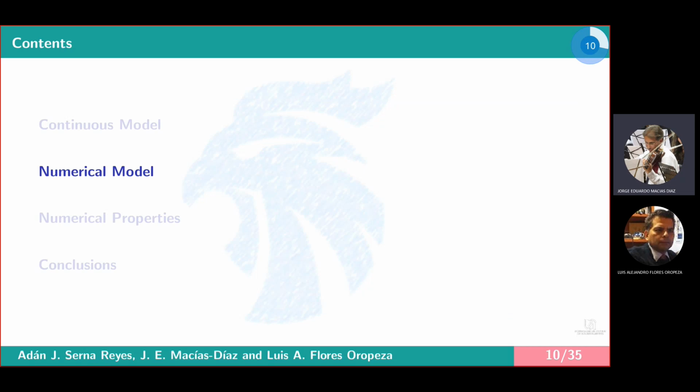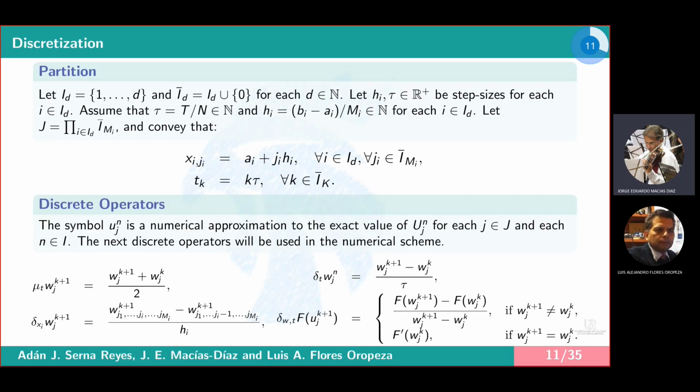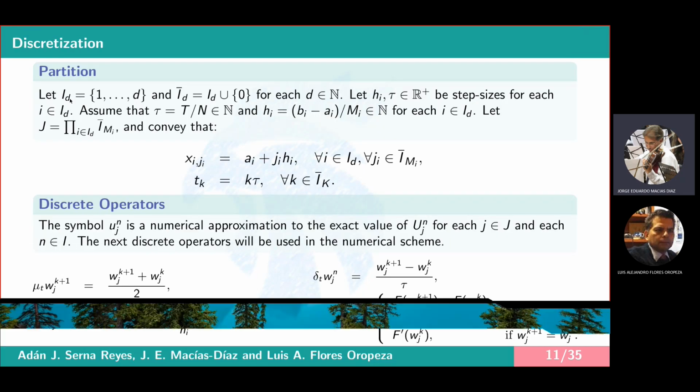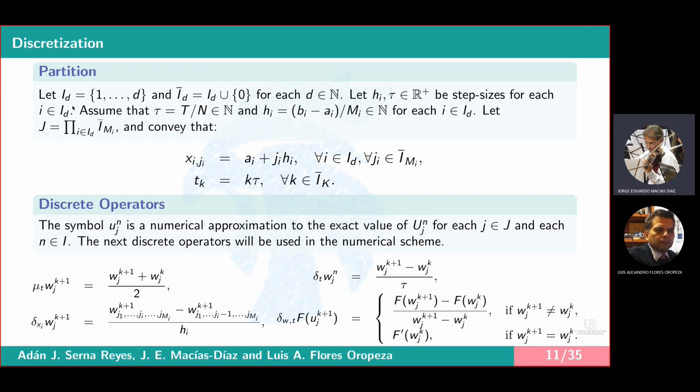Let's propose now a numerical model for the system. I'm going to introduce some notation. First of all, for every d, I sub d is going to be this set, and I_d bar is going to be the set I_d union 0. We take regular partitions in space and time with step sizes h_i and tau.